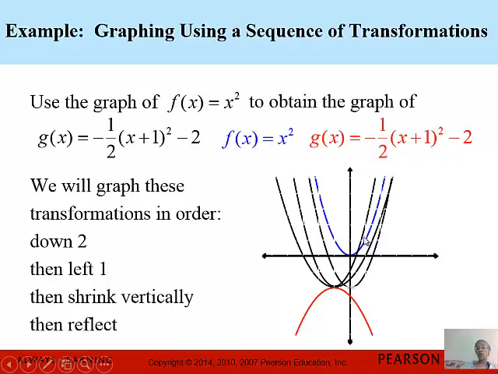But I could have done that reflection first, and then that reflection would have been about the x-axis. All right, so typically this is the situation that you're going to have: a sequence of transformations rather than just one.